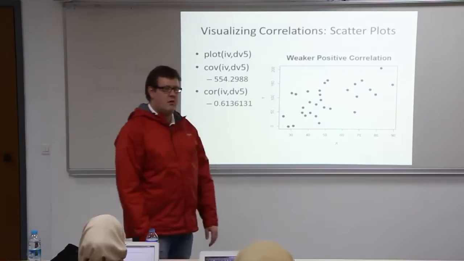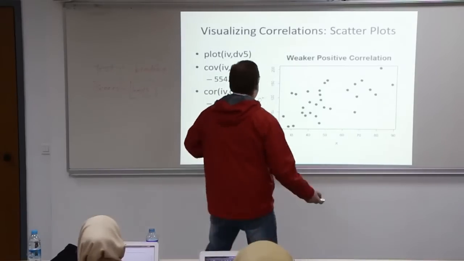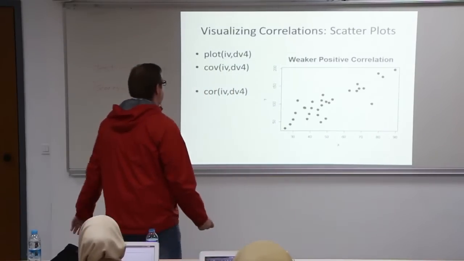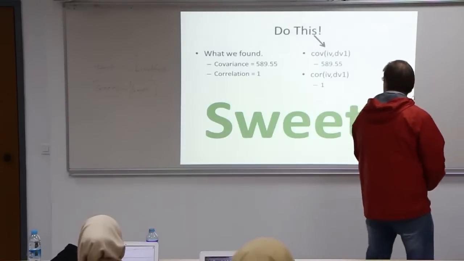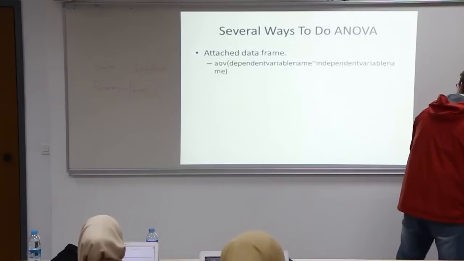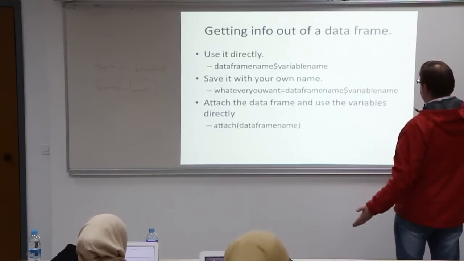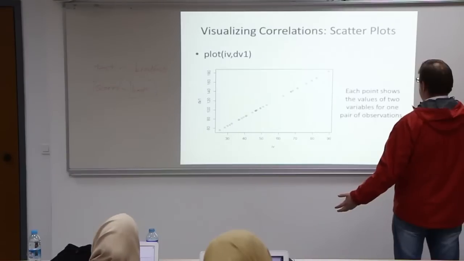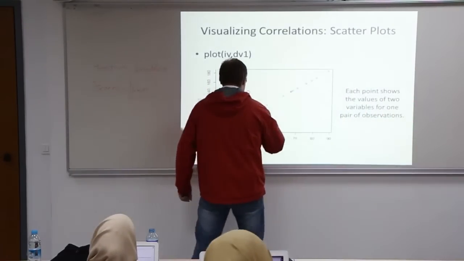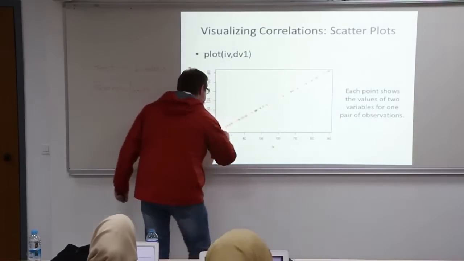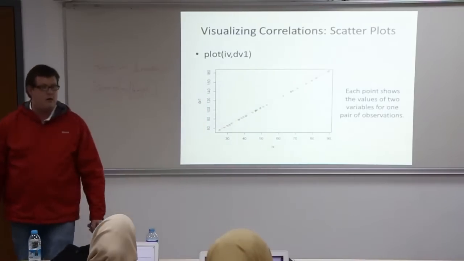0.61. Okay, let's go back and take a look at these different correlations really quickly. So let's start with the first one. Okay. So the first one, we had something that we could just describe with a straight line, right?